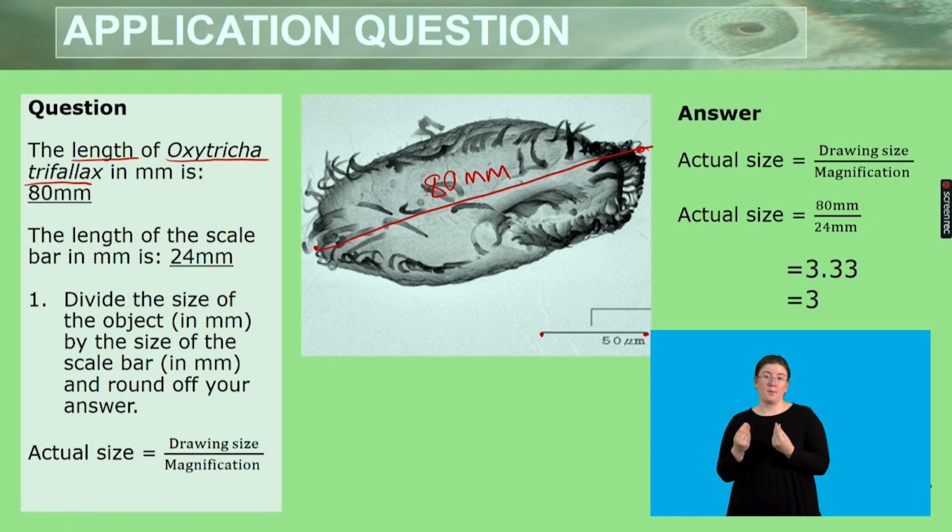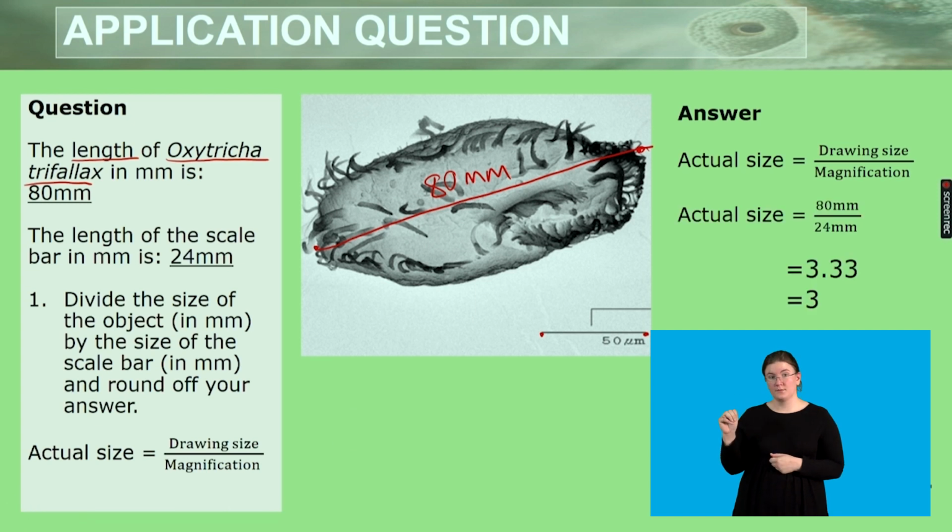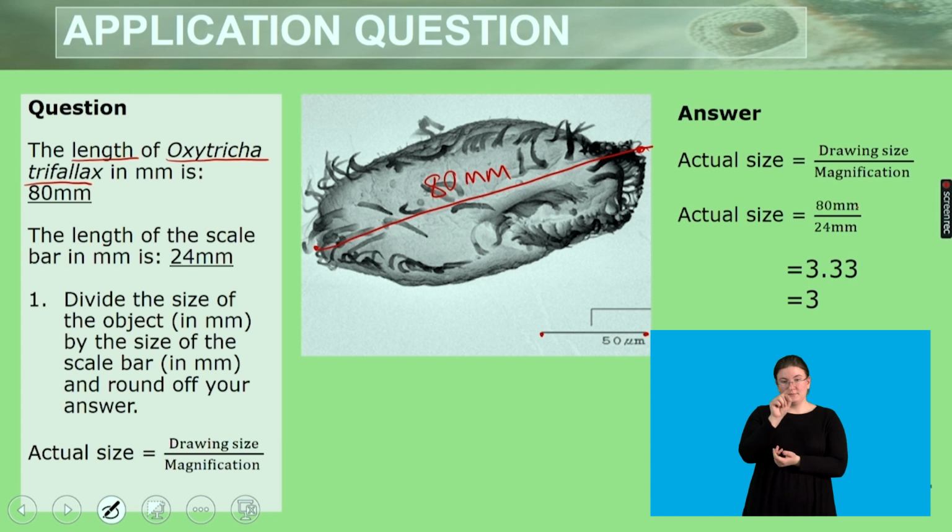The length of the microorganism is 80 millimeters, and we divide that by the magnification, which is the length of the scale bar, and that is 24 millimeters. If we take our calculators and say 80 divided by 24, we will get 3,33 and recurring. It continues. So we round off our answer and we write 3.